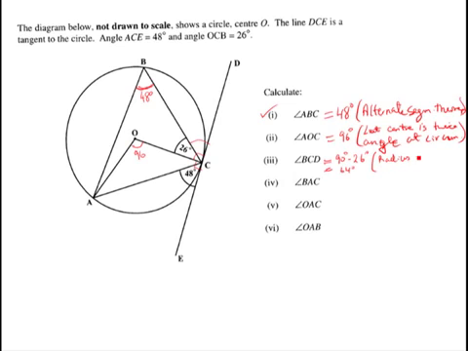Radius is perpendicular to tangent, same thing as saying radius meets tangent at 90 degrees. They're perpendicular to each other. Okay, so now we found that. So this is actually 64 degrees.